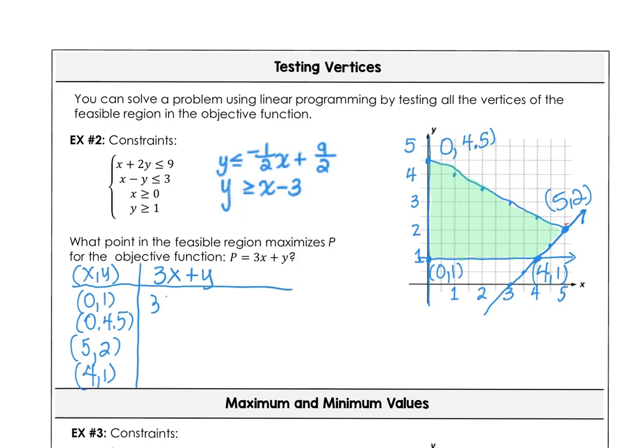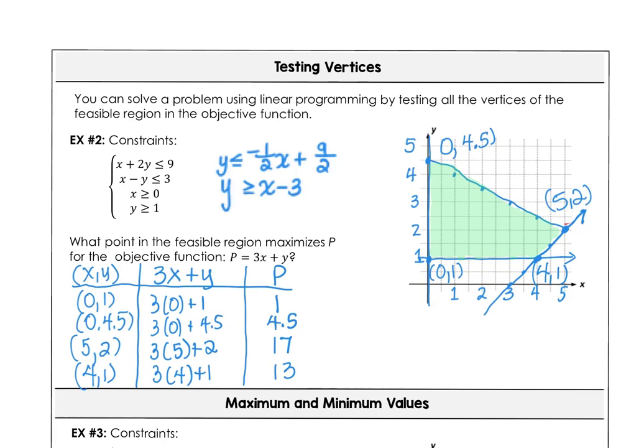So 3 times 0 plus 1 gives me 1. 3 times 0 plus 4.5 will give us 4.5. 3 times 5 plus 2 is going to produce 17. And 3 times 4 plus 1 is 13.